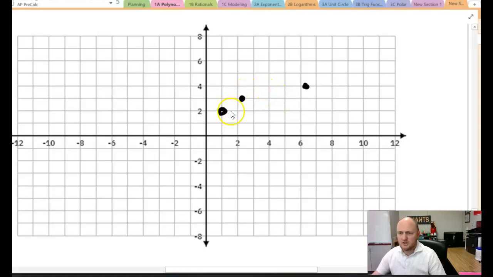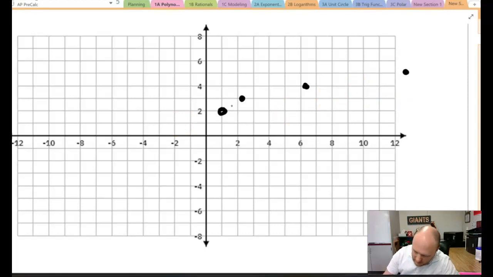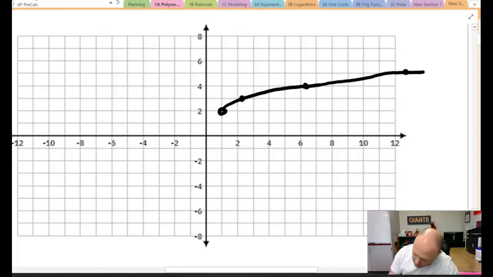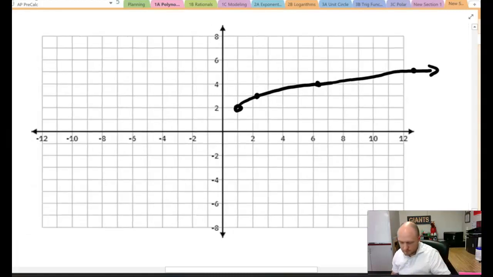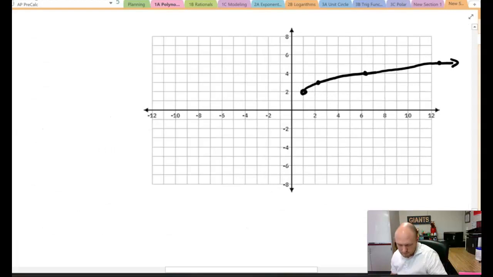Okay, and then right 12. We're off the grid by 1, and we're going to go up 3. Okay, and then just draw our smooth curve through these points.